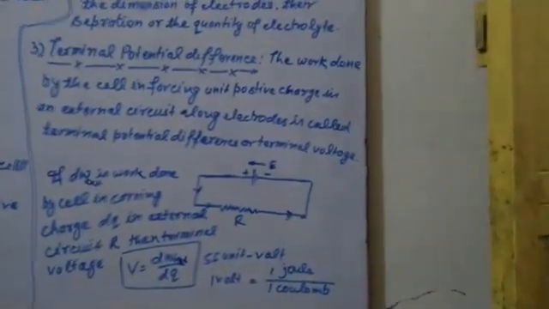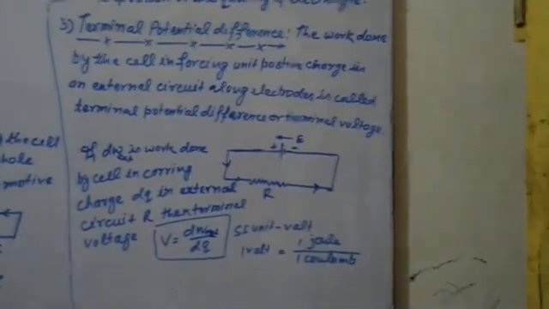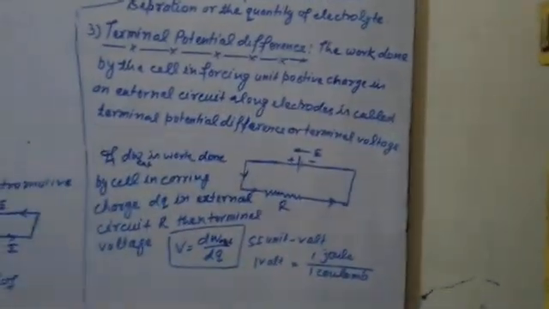Now come on. Fourth heading: internal resistance of cell.